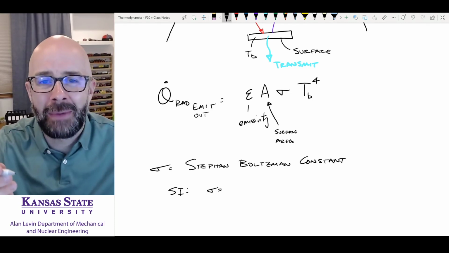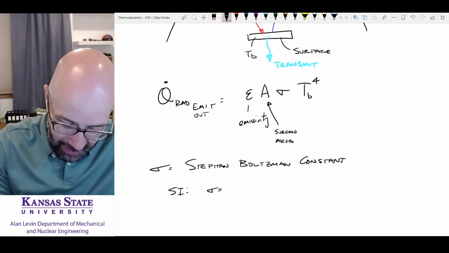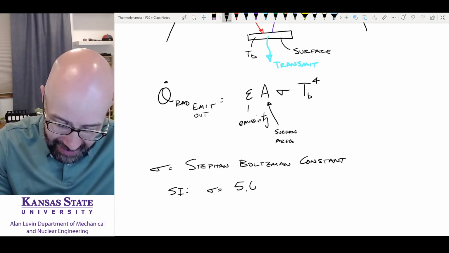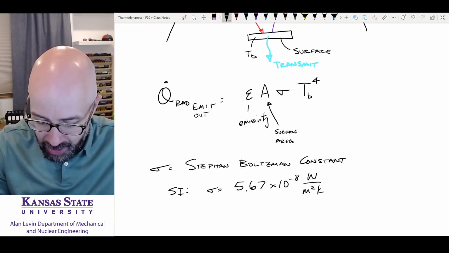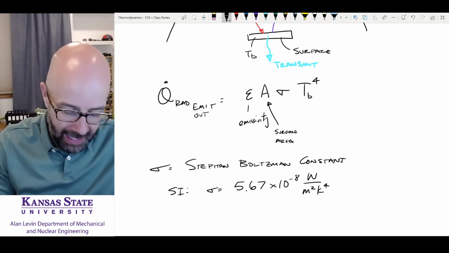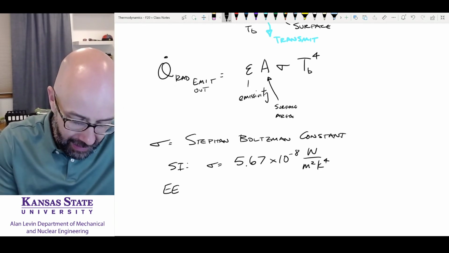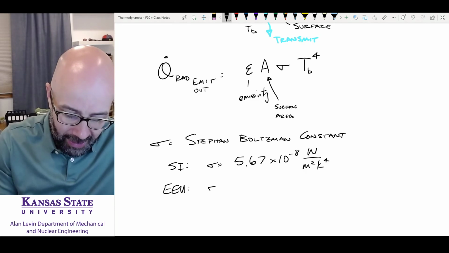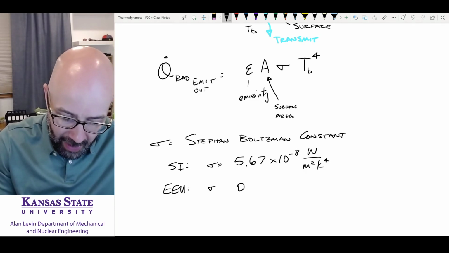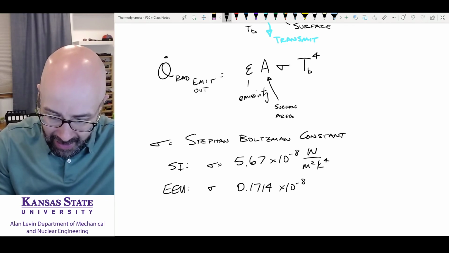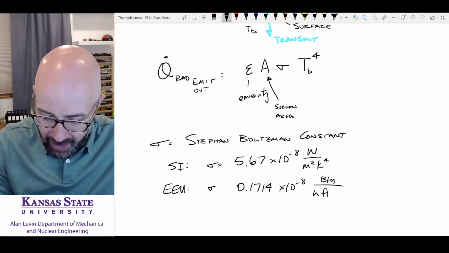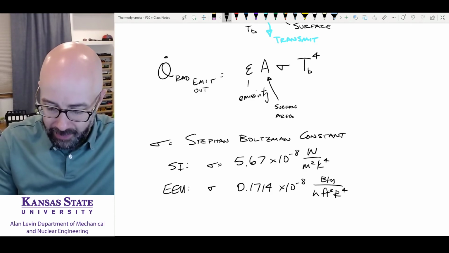It's probably the funnest thing about nuclear engineering that we have here: 5.67 times 10 to the minus 8th watts per meter squared Kelvin to the 4th. In English engineering units, which are not as fun, it's 0.1714 times 10 to the minus 8th BTUs per hour per foot squared per degree Rankine to the 4th.